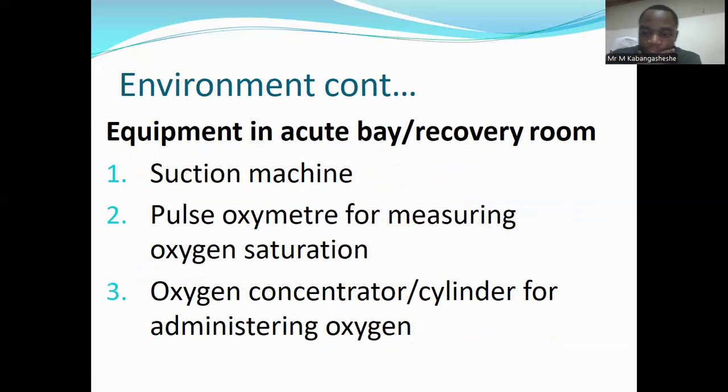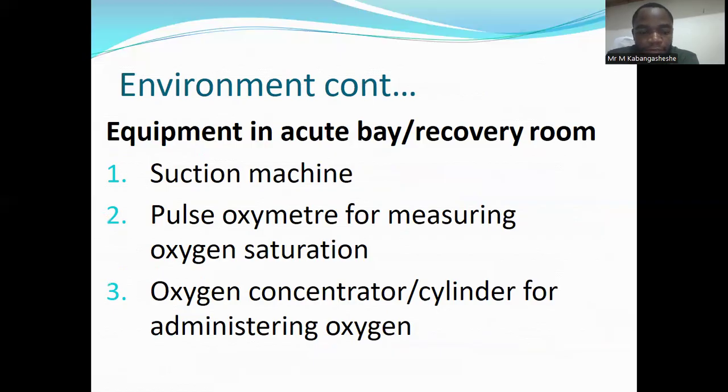So you have taken care of the patient. It's easy to monitor. The environment is noise-free, it's clean. It's also easy to see. The lighting is adequate. What else? Now we need equipment, equipment that can enable us to respond to any emergency that can come about. This emergency can happen whether the patient has gained consciousness or before.